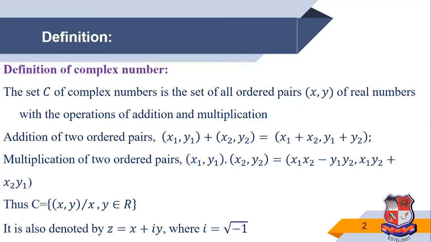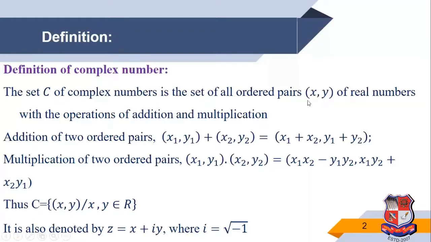So the set C of complex numbers is the set of all ordered pairs (x, y) of real numbers with the operations of addition and multiplication.